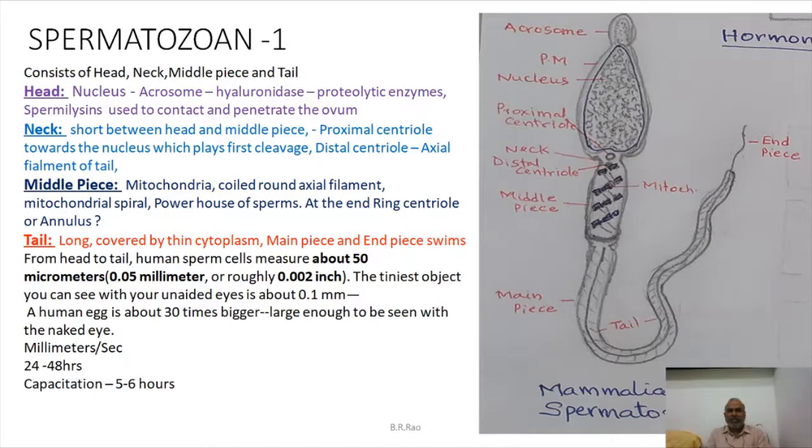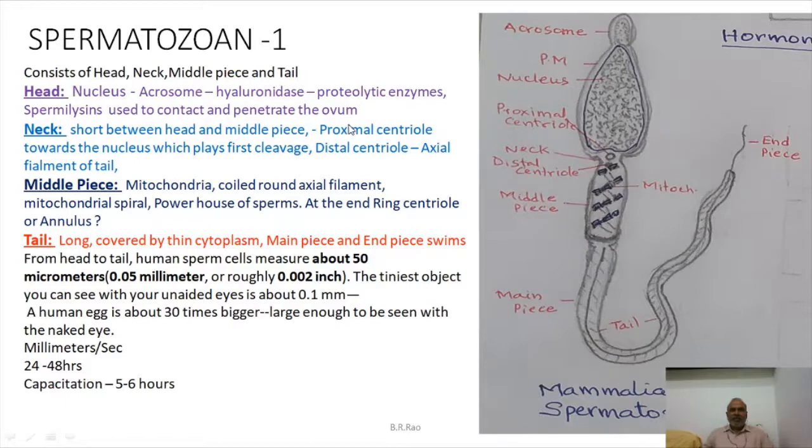Within 5 to 6 hours of reaching, they get the capacity to move. That process is called capacitation, and it is caused by certain enzymes released by the female genital tract. It simply dissolves the cholesterol cover of the sperms.